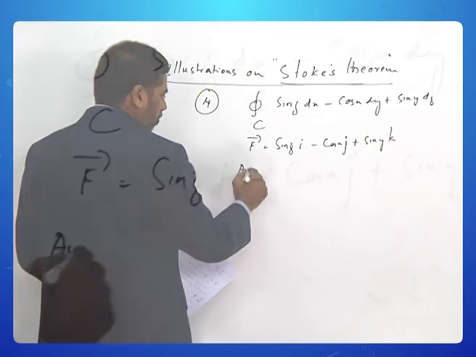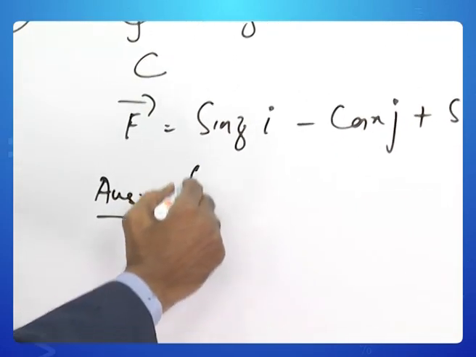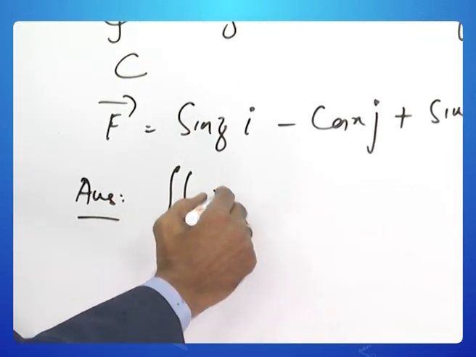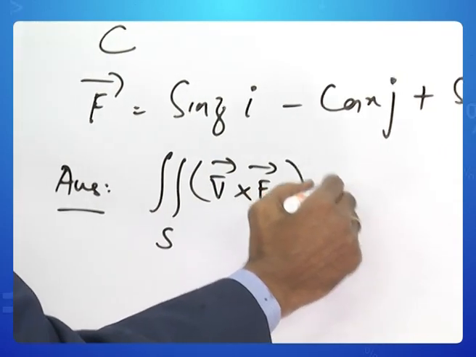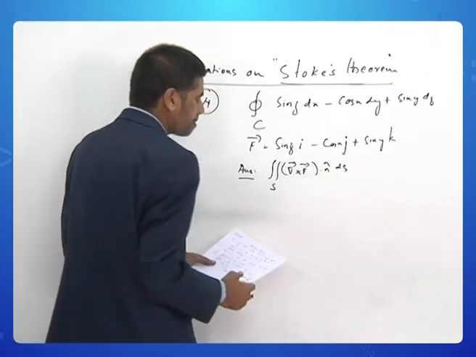And we will be using Stokes' theorem for this problem. It will come from the RHS, del cross f dot n cap ds.